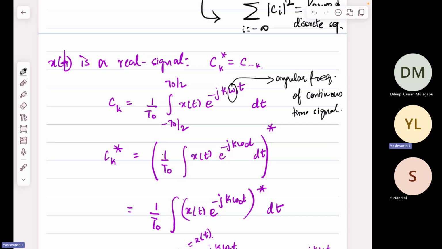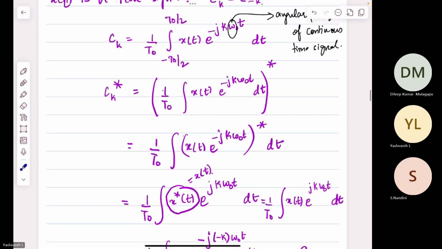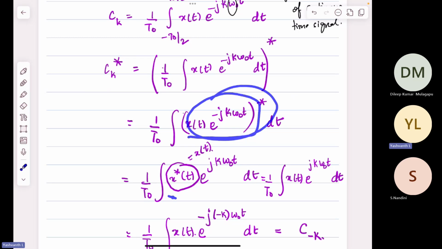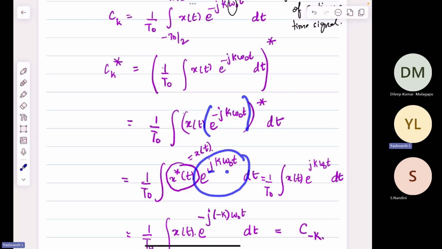Now I will conjugate on both sides. So I'll have c_k conjugate, and the whole integral conjugate. Now this conjugate will go inside the integration. So that is nothing but x of t conjugate into the conjugation of e power minus j k omega naught t, which becomes e power plus j k omega naught t.